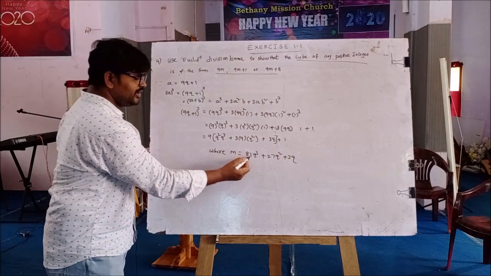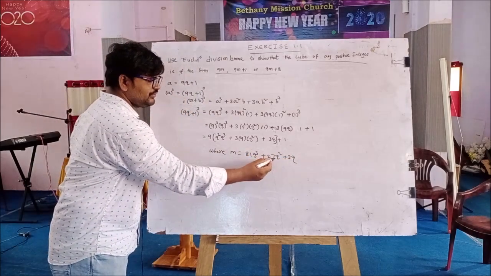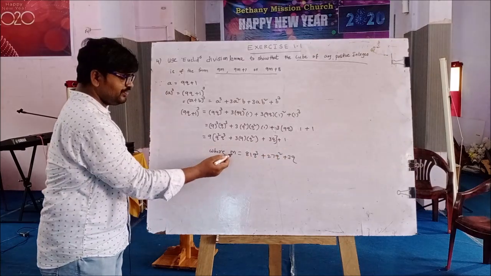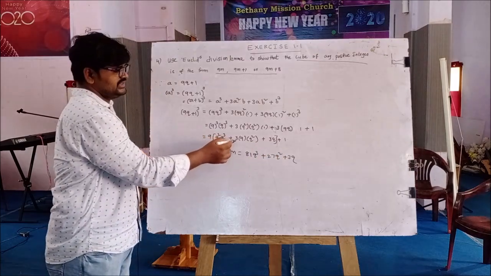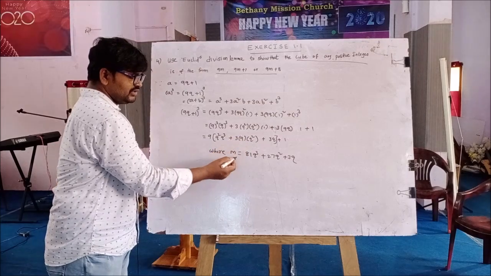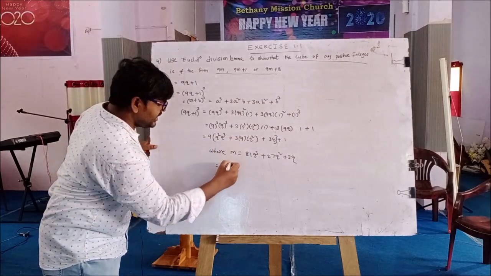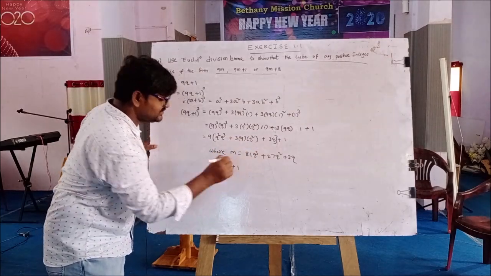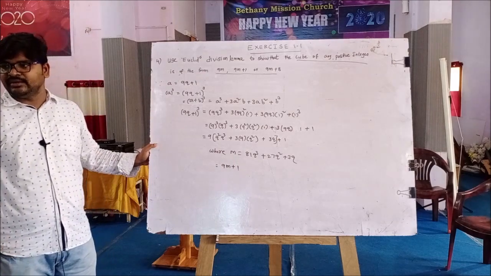The value of 81 q cube plus 27 q square plus 3q equals m, or 9 square q cube plus 3 into 9 into q square plus 3q equals m. That equals 9 into m plus 1.